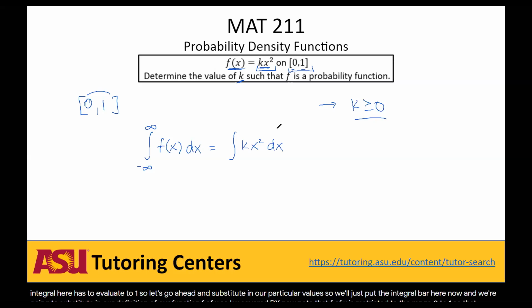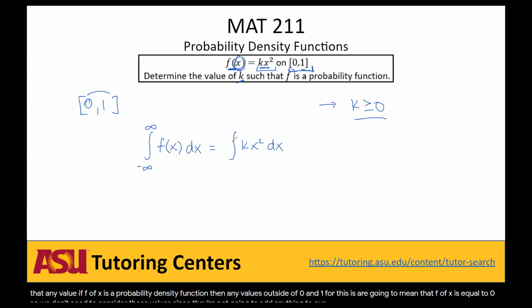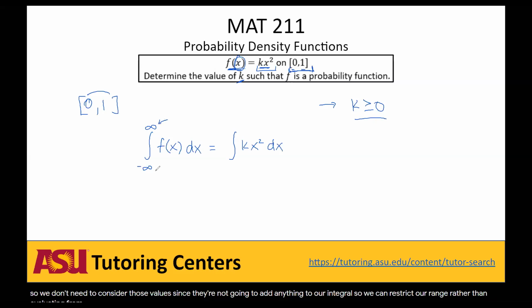So if f of x is a probability density function, then any values outside of 0 and 1 for x are going to mean that f of x is equal to 0. So we don't need to consider those values since they're not going to add anything to our integral. So we can restrict our range, rather than evaluating from negative infinity to positive infinity here, we can restrict our range from 0 to 1.